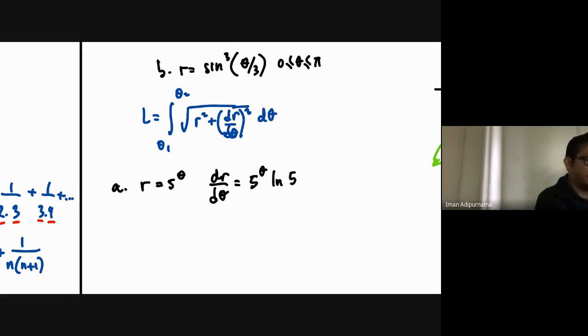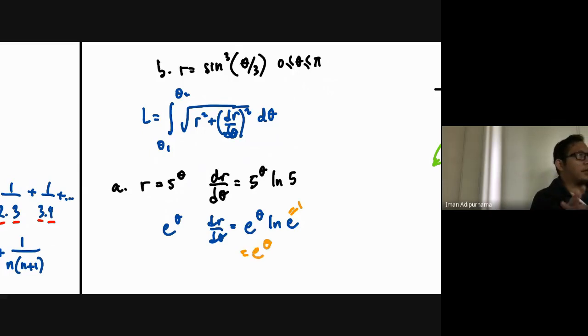Remember that if you have e to the theta, this is actually e to the theta and ln e, which means ln e is 1. So that's why you have the same e to the theta. That is the thing that happened.